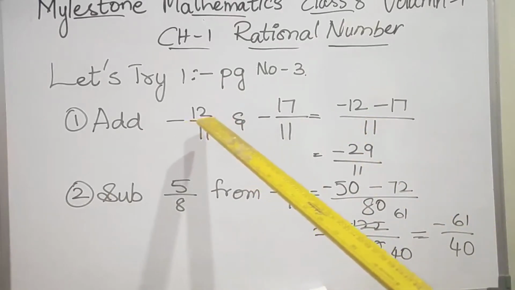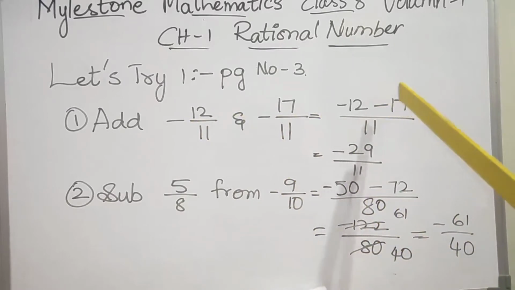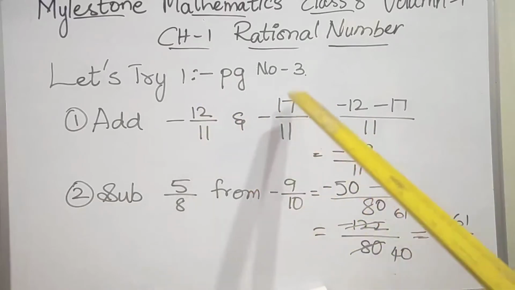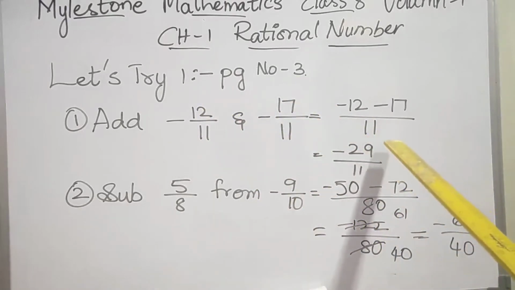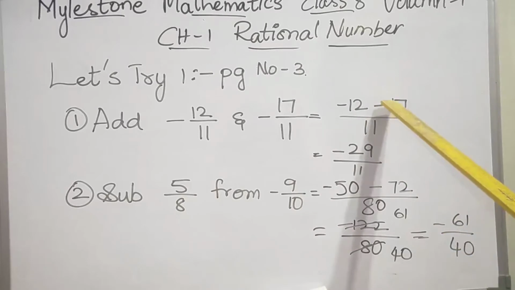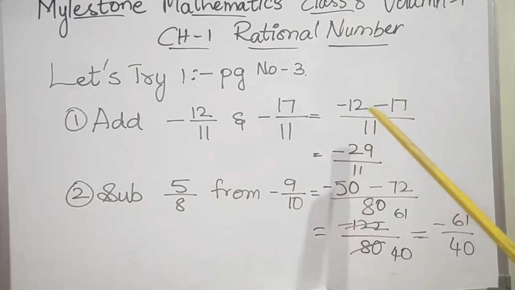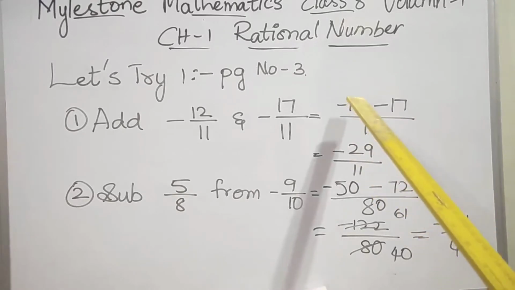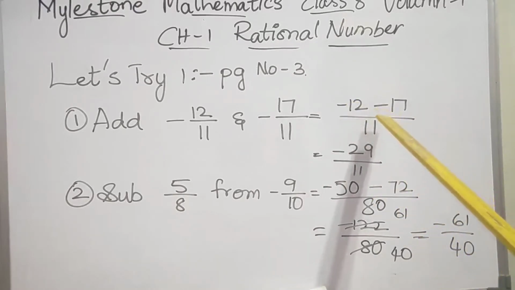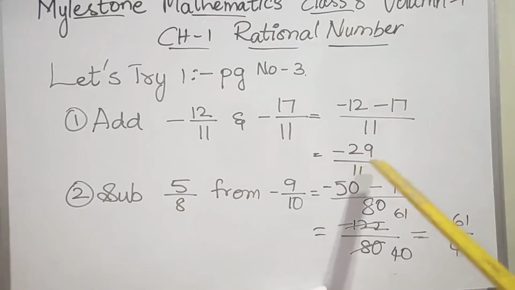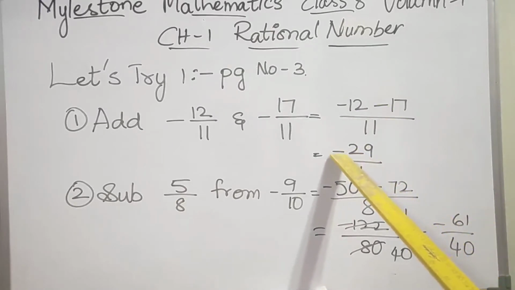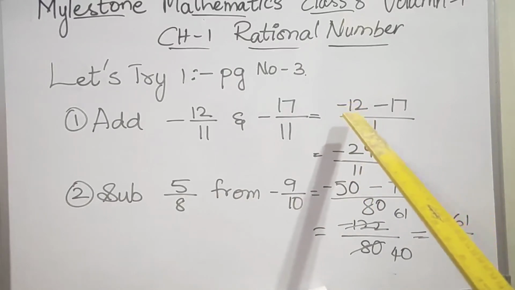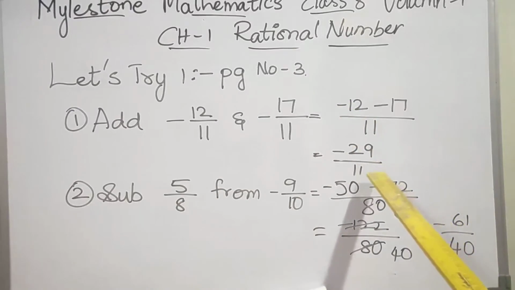Now minus 12 minus 17, we take as it is, as the denominator is the same for both rational numbers. So minus 12 minus 17 is minus 29. You know the addition from previous classes: minus and minus, we add, but we keep the same sign. So minus 29 by 11. This is the answer.